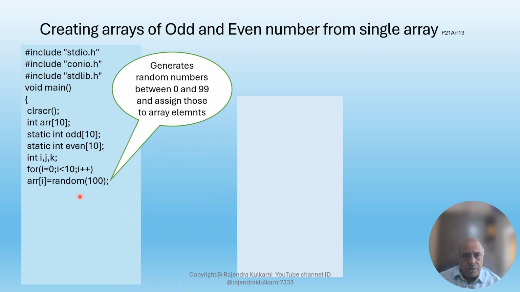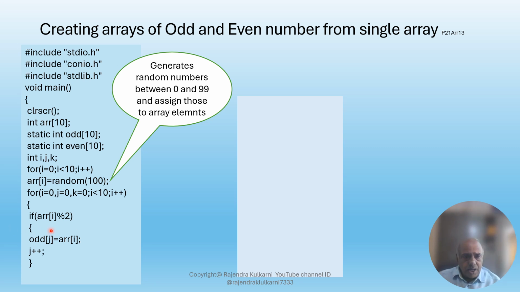Then I am running another loop. Once arr[i] has been populated with the elements numbered 0 to 10, what I am doing is checking whether the value stored in an individual element of the array arr is odd or even.